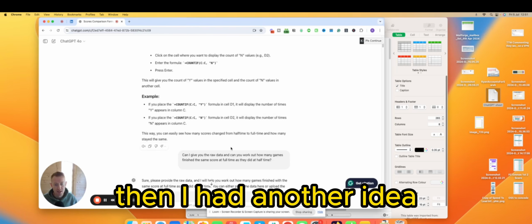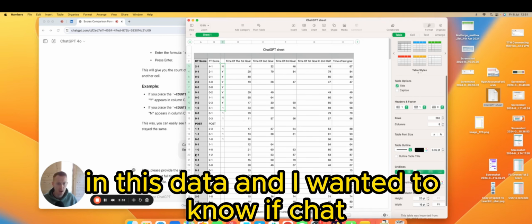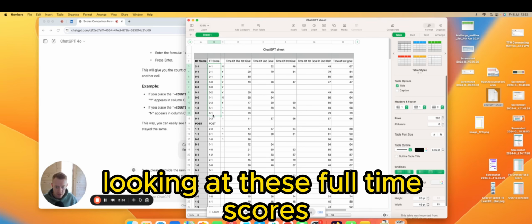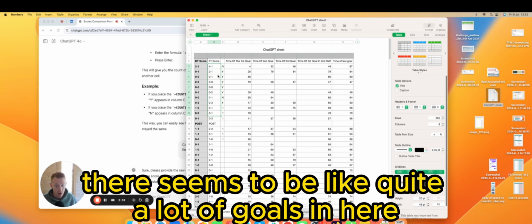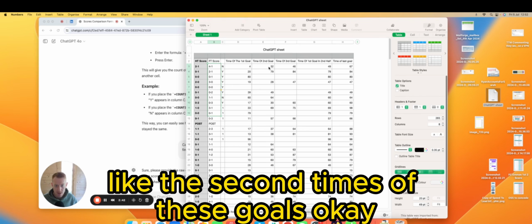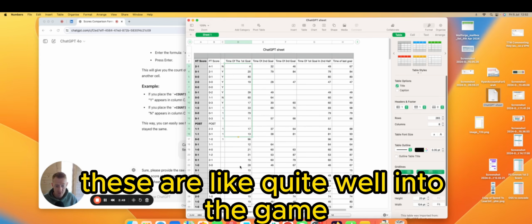But then I had another idea, because there was a couple of things that I spotted in this data, and I wanted to know if ChatGPT could also work this out. Looking at these full-time scores, there seems to be quite a lot of goals in here, okay? But also look at the times of these goals. Even the first time of these goals, these are quite well into the game.